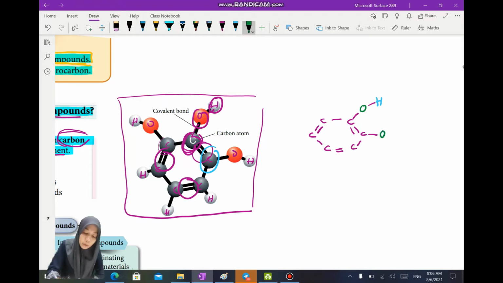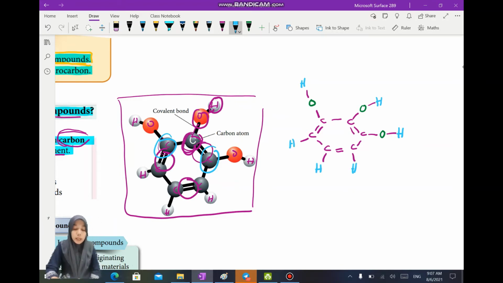And for this C also bonded to oxygen and hydrogen. So look at here, for the others it's just bonded to the hydrogen.